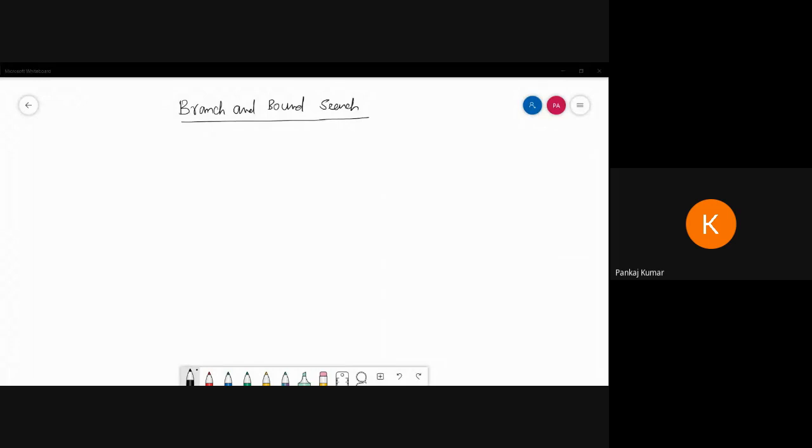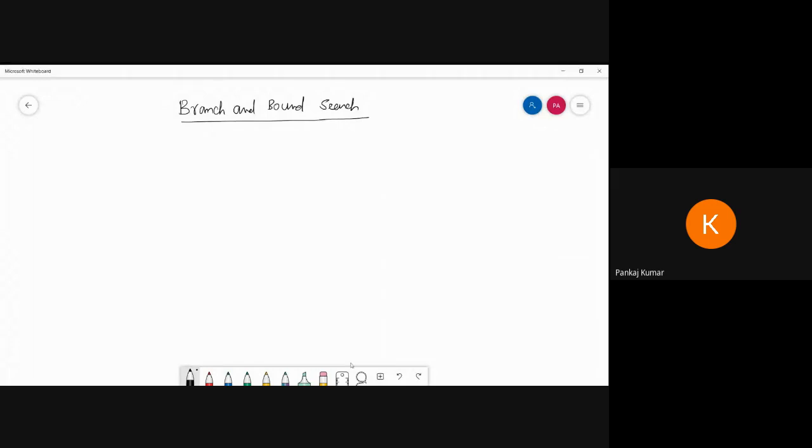Okay, so now let's go through an example, then we can understand how branch and bound search works. Basically we consider two parts here. The first part I am naming as branch, and the second part as bound. So what is the meaning of branch?